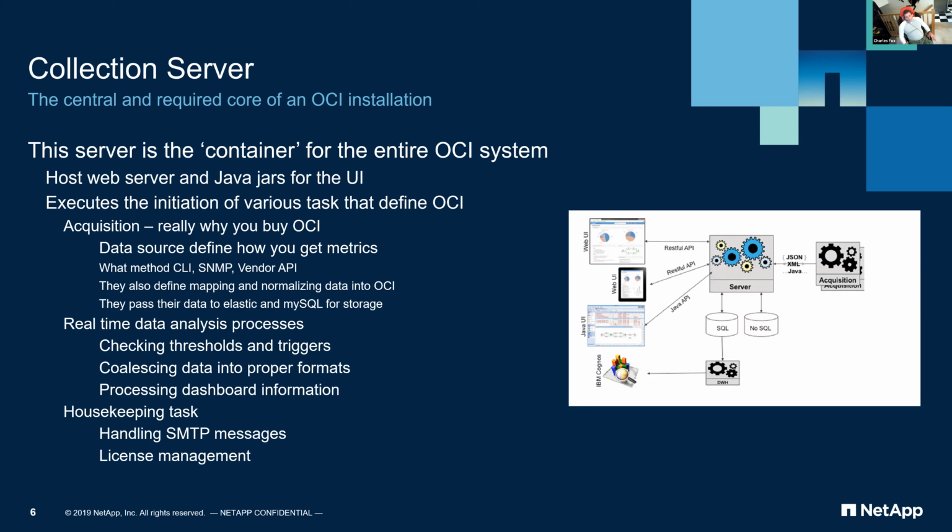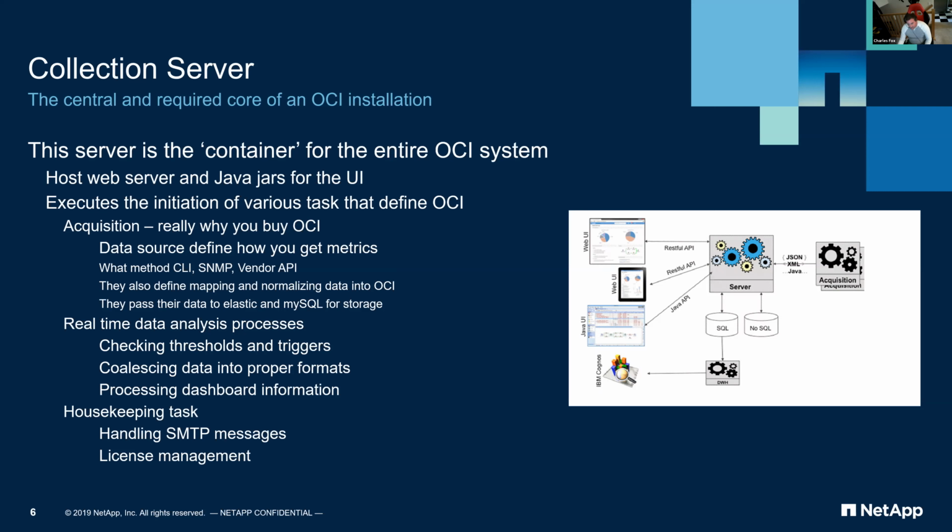It also hosts both the user interface, which you use for reporting, as well as the older Java interface as well. So really it just contains a lot of these different components. It executes a number of tasks. It's really sort of a task master, and scheduler is one of its key components.